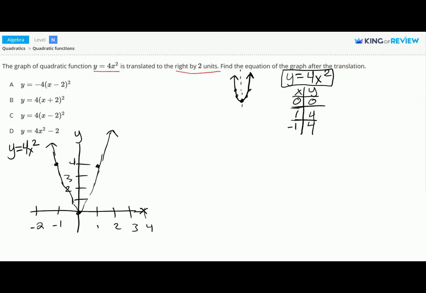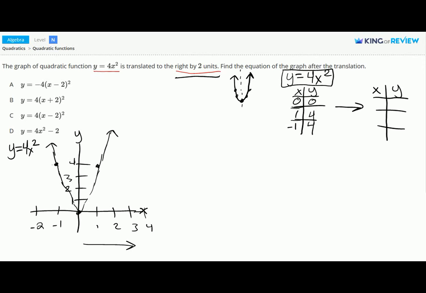Now this parent graph, we're told it's translated to the right by 2 units. So let's figure out what the new coordinates are of these points when our graph is translated to the right by 2 units. So when we translate a point to the right, the x value will change because it's moving in this direction. The y value stays the same because it's not moving up or down.